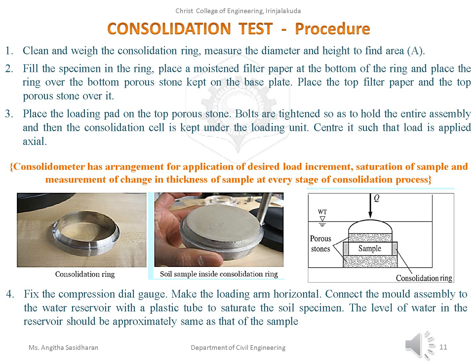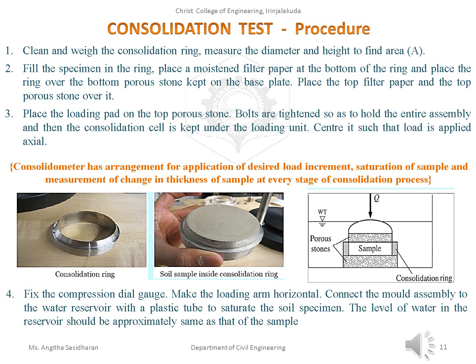Once we keep the specimen over the loading unit, we have to fix the compression dial gauge. We fix the dial gauge and make the loading arm horizontal, and we have to make the sample saturated. That is done by connecting the mold assembly to a water reservoir with a plastic tube.